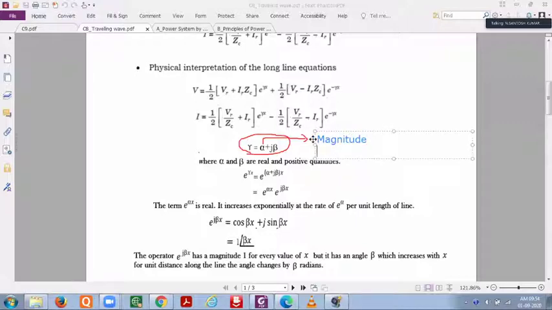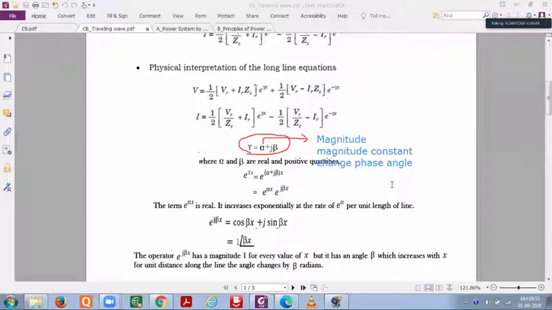When you come to your beta, it maintains magnitude constant and there will be change in phase angle. That is your beta, change in phase angle. So we can conclude that the real term is referred to magnitude, and the imaginary term is referred to the phase angle.